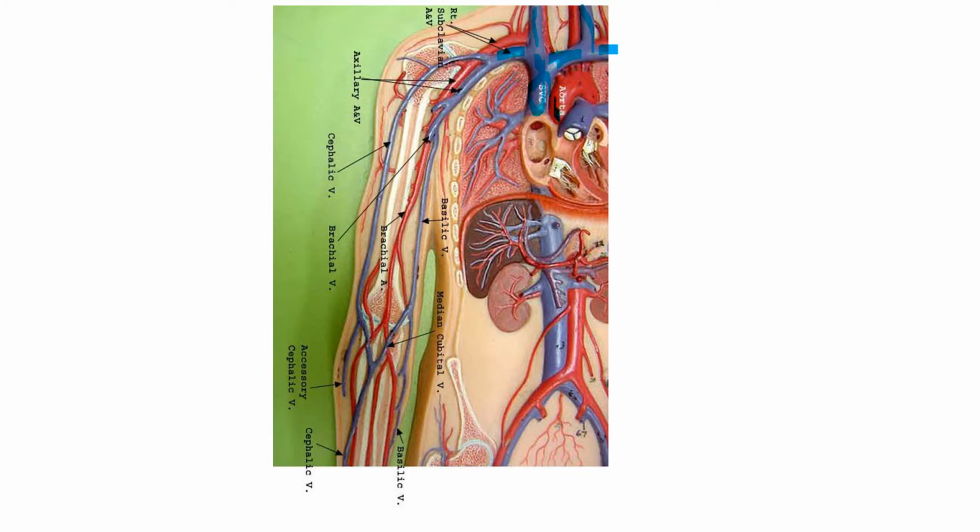Here we can see the ascending aorta turning into the aortic arch. Over here we see the pulmonary trunk, which will branch off into pulmonary arteries. Here's the left. The right is tucking underneath the aortic arch. And this white thing that you're seeing here with 3 cusps is the pulmonary semilunar valve coming off of the right ventricle.